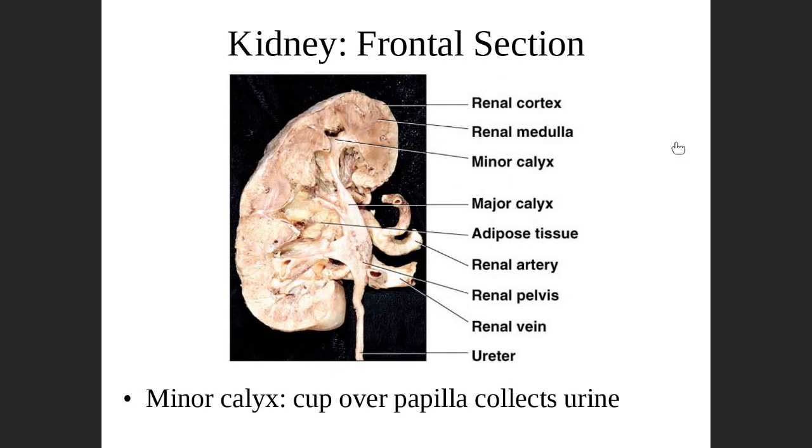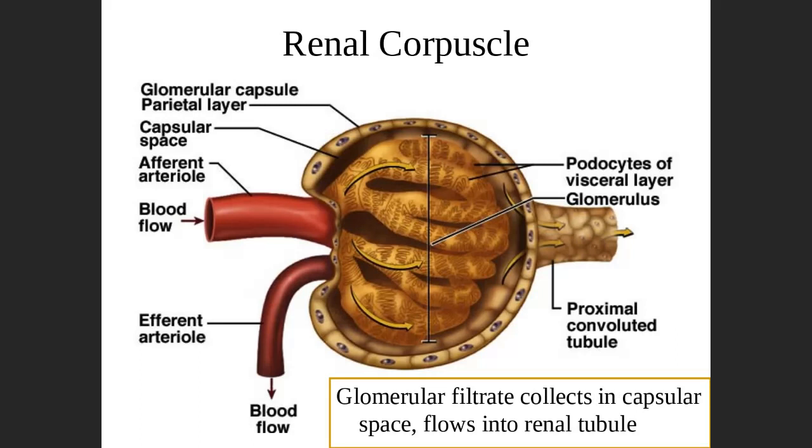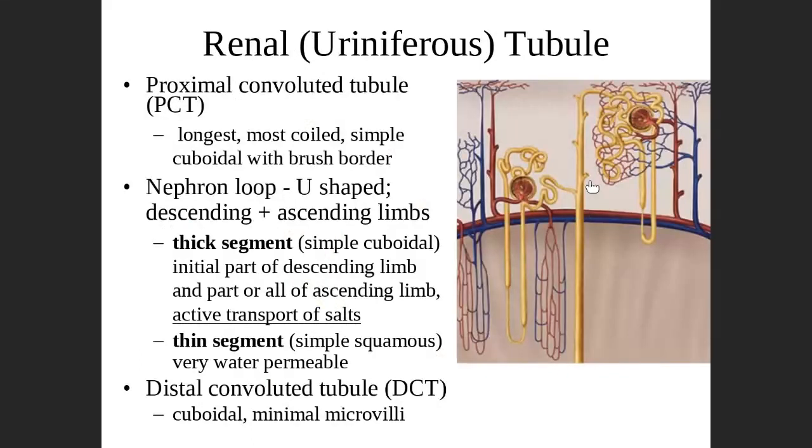And here is to show you the key difference. Here is your cortical nephron, and here is your juxtamedullary nephron. You can see how in the cortical nephron, the efferent arteriole gives rise to the peritubular capillary that you see here. This capillary network runs surrounding the tubule, hence the name peritubular capillary.